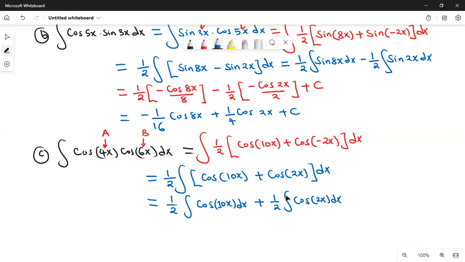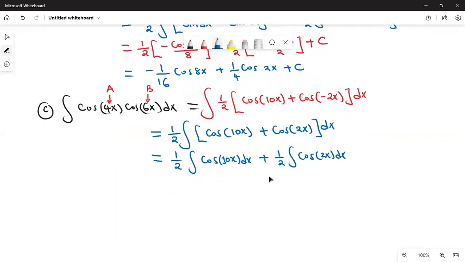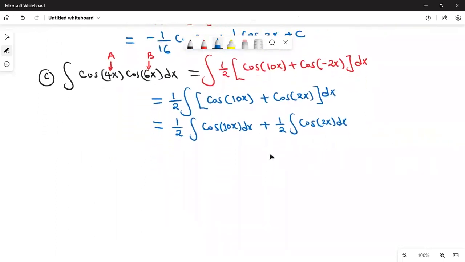Then ask yourself, what did you differentiate to get cosine 10x? And also, what did you differentiate to get cosine of 2x? In the first integral we'll have 1 over 2. Remember, when you differentiate sine, you get cosine. So here you will use U substitution to integrate this.